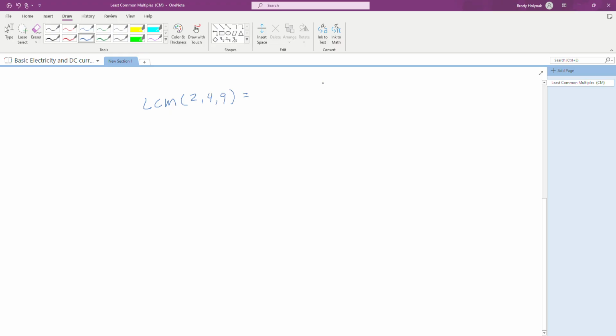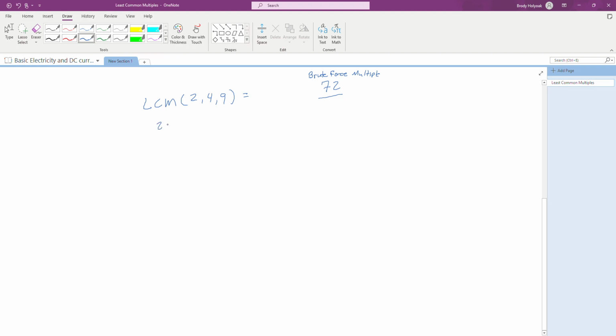So I'm going to get an answer of 72. This is using brute force. We're going to make them be multiples without any kind of manipulation. Now 72 isn't bad, but by using the least common multiple method, we can shrink that down and make it even easier to work with.